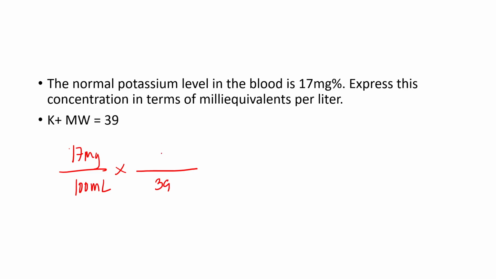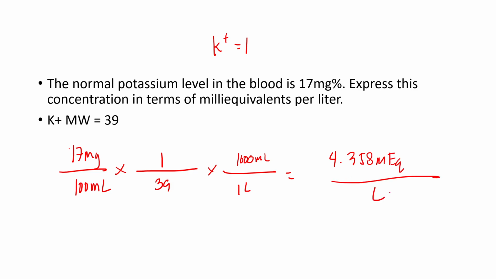And the valence is 1 because it's potassium, positive 1 is 1. And we will have our milliequivalents on top. And let's convert our ml into liter. 1000 ml is 1 liter. 17 divided by 100 divided by 39 times 1000. It is 4.358 milliequivalents per liter.